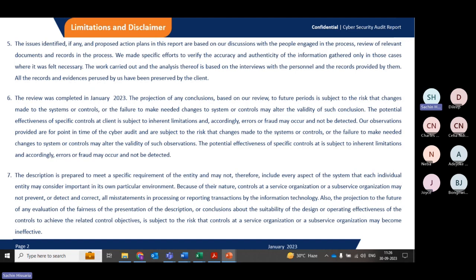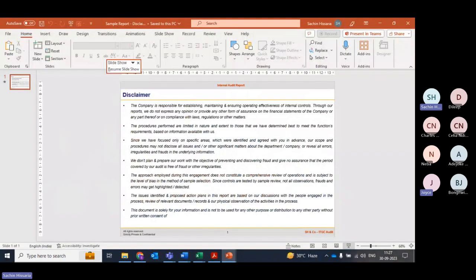Sometimes in an internal audit report, you will see a separate paragraph for a limitation or disclaimer. Whether you want to include it in the conclusion or as a separate paragraph, that is fine. But the main thing is that you need to give the disclaimer of an audit risk. You can do that in any area, either in the conclusion or in a different form. Okay, thank you.